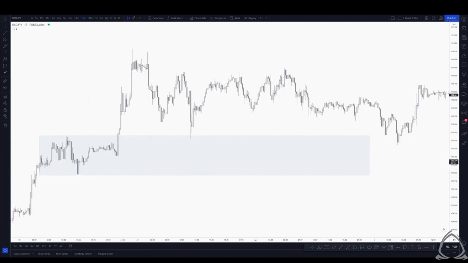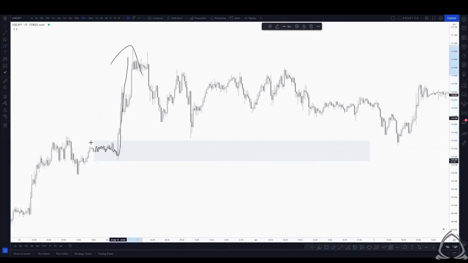This would be a larger range, or a range on a larger time frame, as well as something that we can navigate our way just to the right, and we can refine it to a more important piece of the overall chart. And what we can see is we do have a sideways correction in price. We have price that's trapped more or less within this range, and then we get an expansion to the upside.